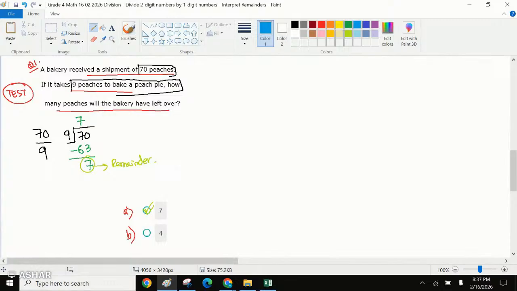Or the alternate way is, if 9 peaches were there, we can see 9 multiplied by a number. 9 multiplied by 6 is 54. 9 multiplied by 7 is 63. To make it 70, we cannot do a plus 4.